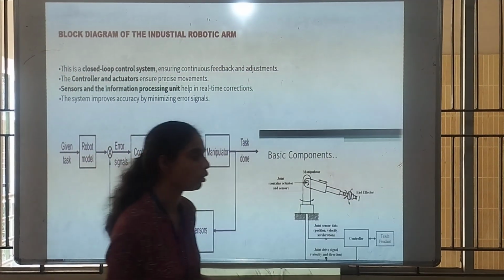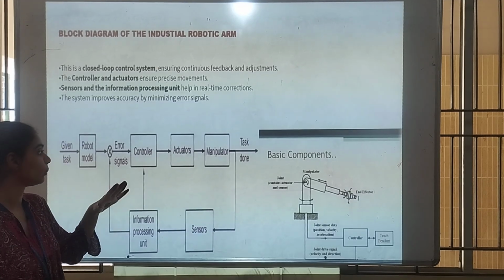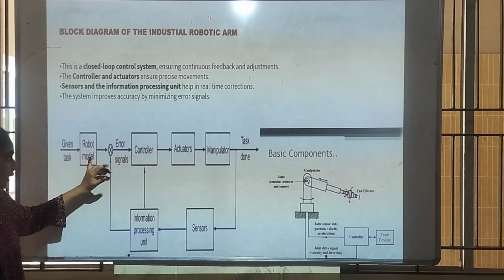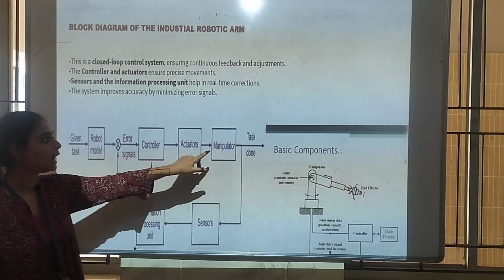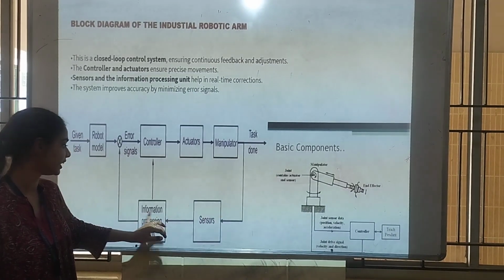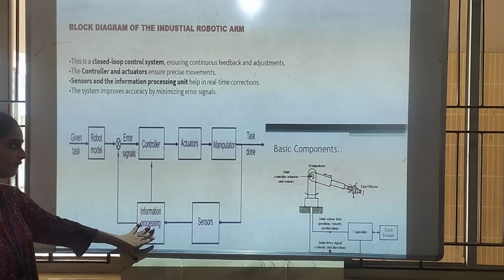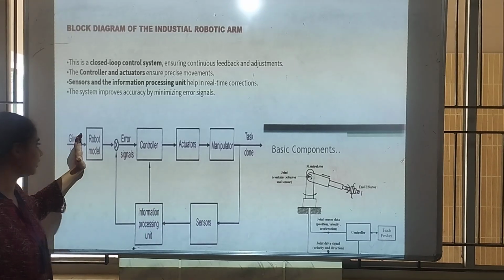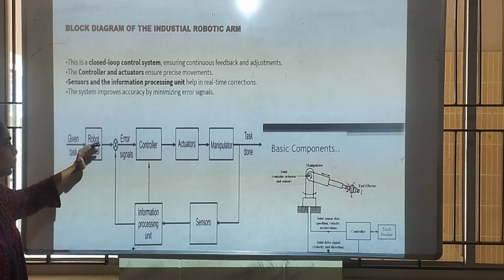The block diagram of the industrial robotic arm. It has a robotic model, controller, actuators, manipulators, sensor, and information processing unit, where a given task is sent to the robotic model.